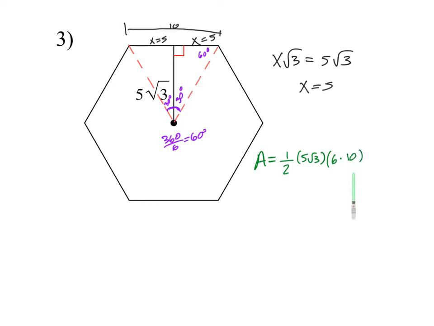Why 6 times 10? Because it's my perimeter, right? So 10 plus 10 plus 10 plus 10 plus 10 plus 10, right? So looking at the calculator, my area is 259.8 units squared.